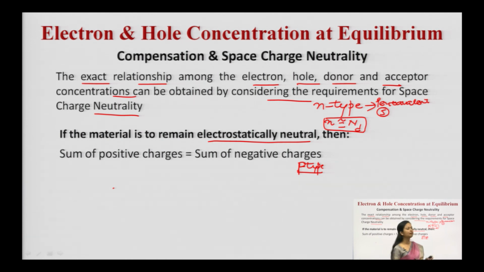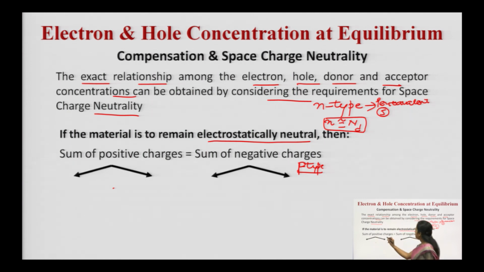In p type, the charge on the hole is positive, while the charge represented by the acceptor atoms is negative. So the sum of the positive charges, for the holes and the donor atoms, is equal to the sum of the negative charges, for the electrons and the acceptor atoms.